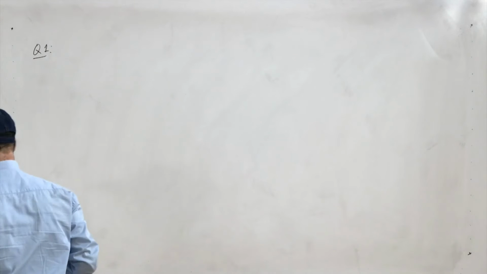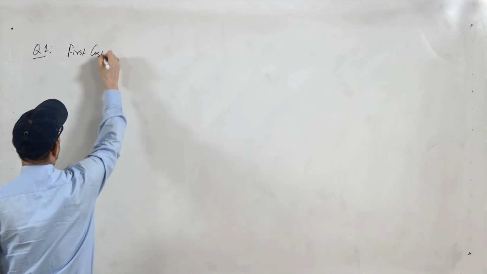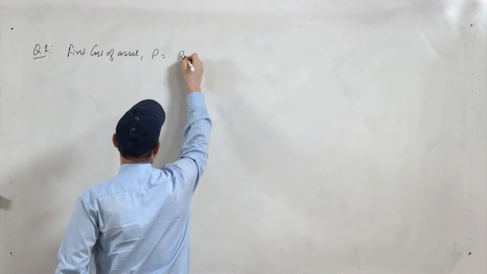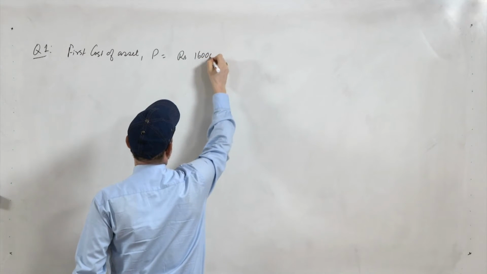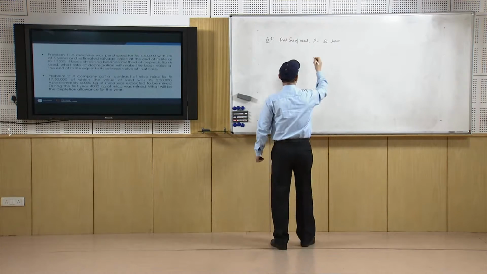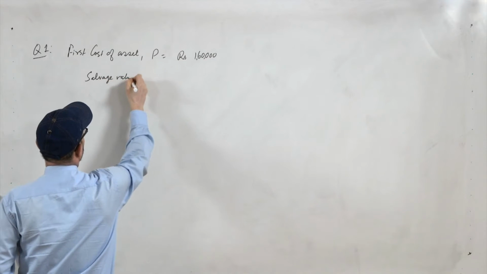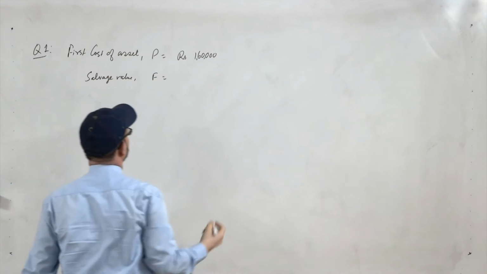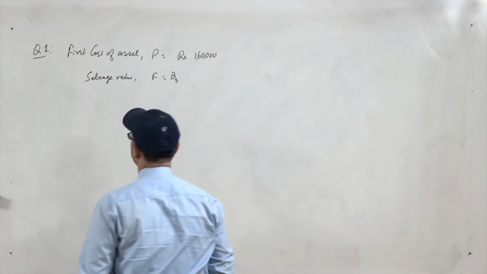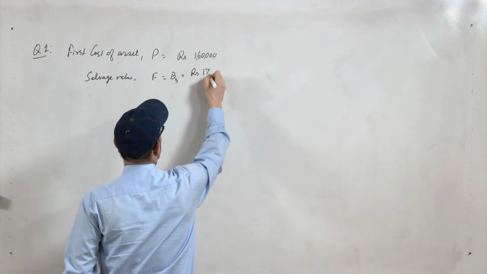We have the first cost of the asset, that is P, given as rupees 1,60,000. Then the estimated salvage value at the end of 5 years, F, which can also be written as B5, the book value at the end of 5 years, is given as rupees 17,500.